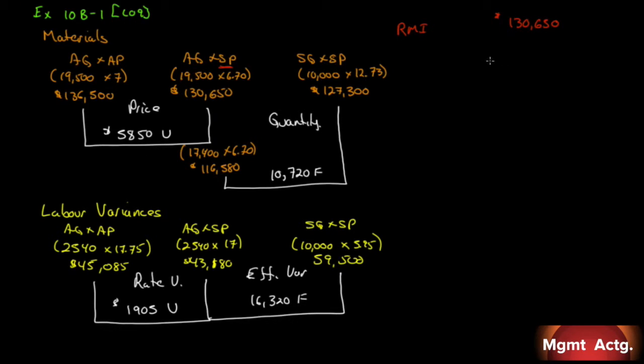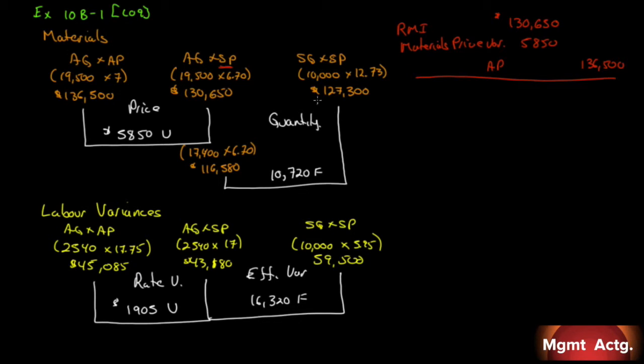And we still have to pay the full bill, which is $136,500. So we're off by $5,850. Well, that $5,850 is a materials price variance. There it is. So there's the purchase of our raw materials.